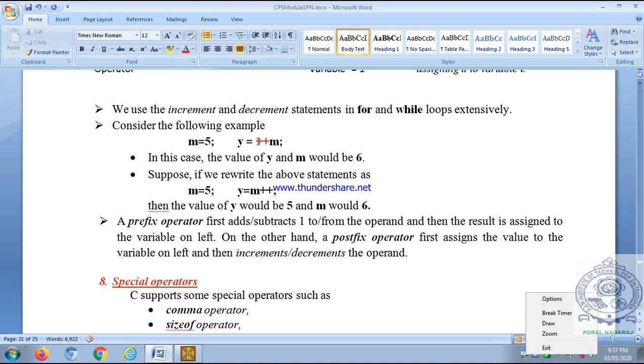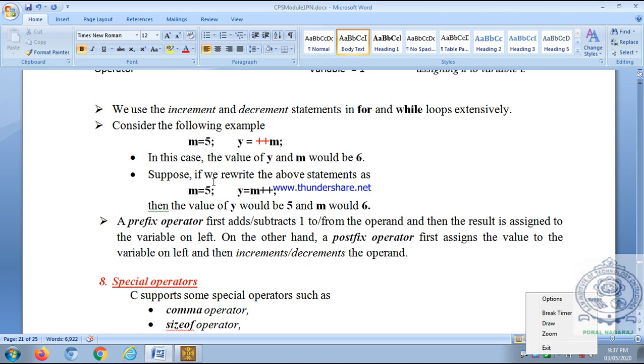Plus plus m means pre increment, meaning before using the value of m, increment the value of m and use it. Try to understand: first increment and use. When we increment the value of m, what will be the value of m? 6. So m becomes 6, and that will be copied into y. So y value will be 6, m value will be 6.